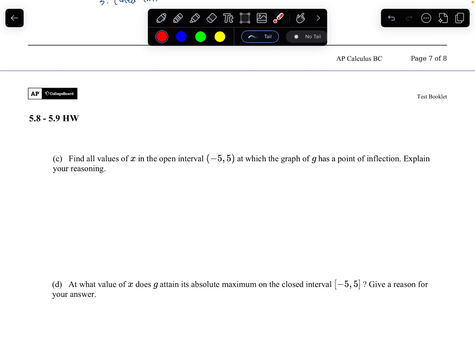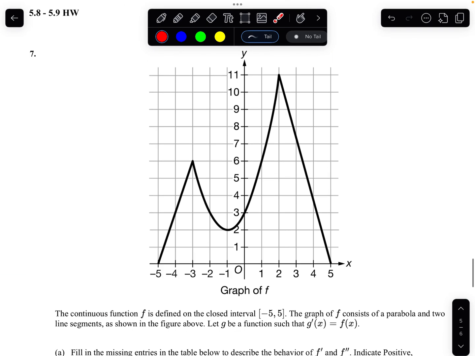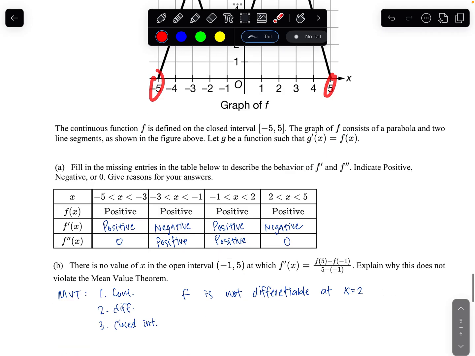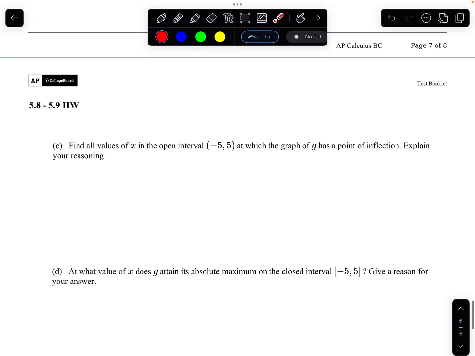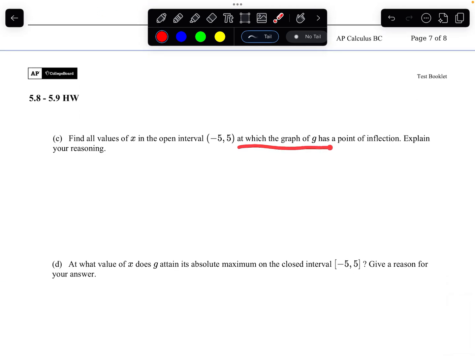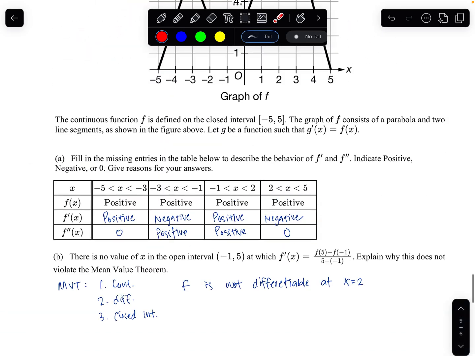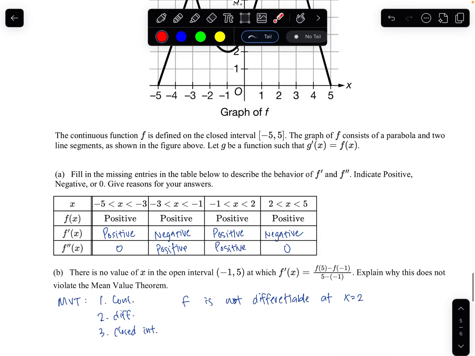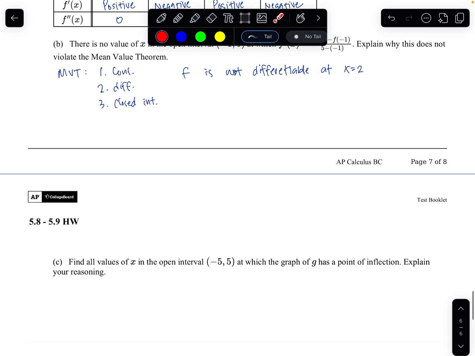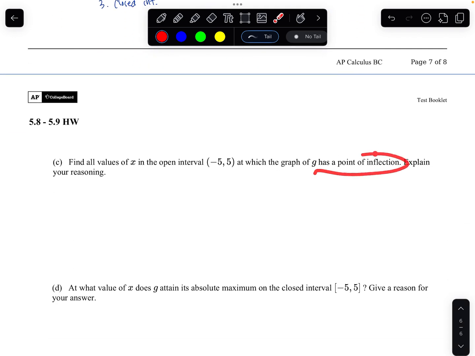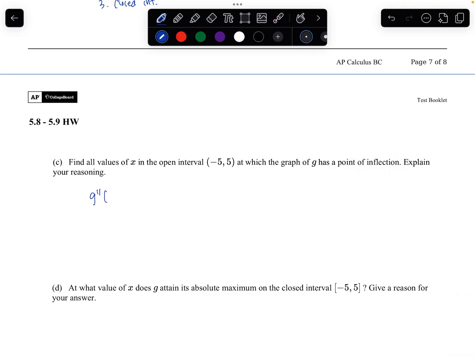Okay, so that means we need G double prime. So G double prime of x.